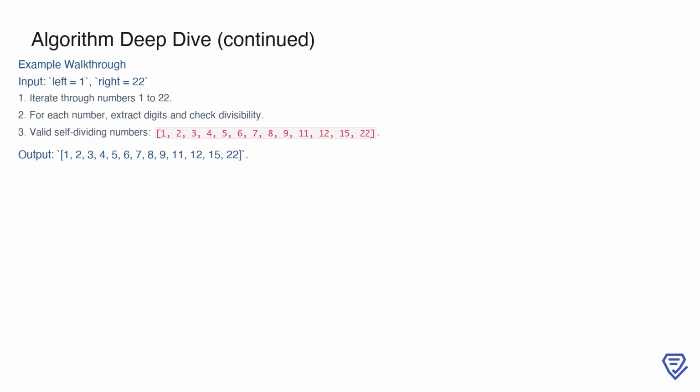Following this process, the self-dividing numbers in this range are 1, 2, 3, 4, 5, 6, 7, 8, 9, 11, 12, 15, 22. These are numbers that satisfy all the conditions we've discussed, including handling numbers with no zero digits and ensuring divisibility. The final output is the list 1, 2, 3, 4, 5, 6, 7, 8, 9, 11, 12, 15, 22, which is returned as the solution.